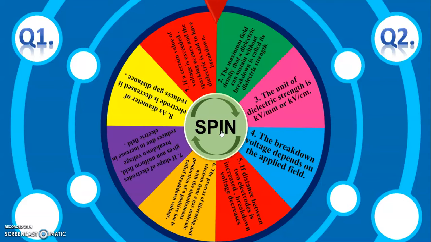Okay. The question is here: if a certain value of voltage is exceeded, sparking occurs and the dielectric is said to have breakdown.